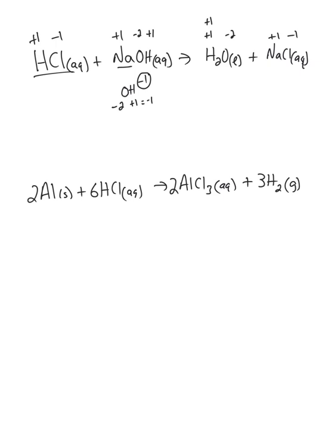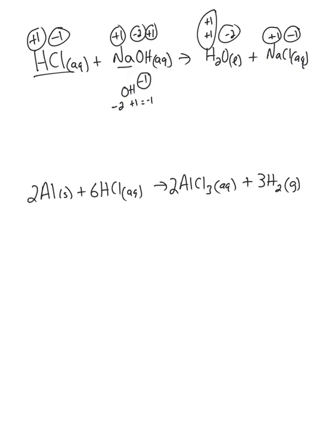Do any of the elements undergo a change in oxidation number? You'll notice that the hydrogens are both +1 on the left side, and it's +1 on the right side. There's no change in oxidation state. Chloride is -1, -1. No change in oxidation state. The sodiums, the oxygens, there is no change in oxidation states.